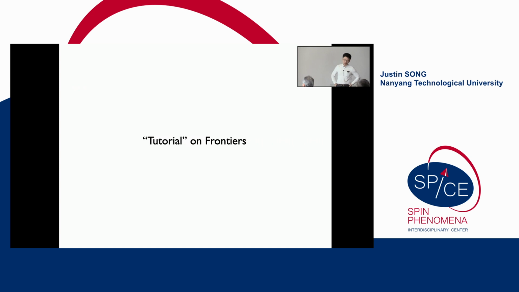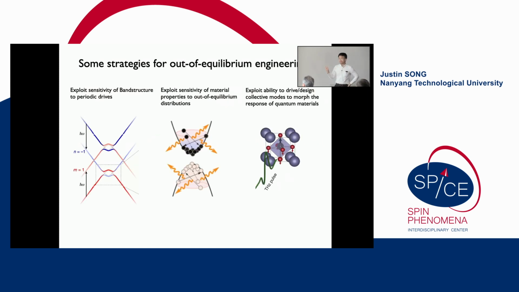In this tutorial part, I'd like to first observe that in the last couple of days, we've seen a lot of various strategies for doing out of equilibrium engineering. I think there are maybe three broadish kinds of things, if you take these words in the broadest possible terms.